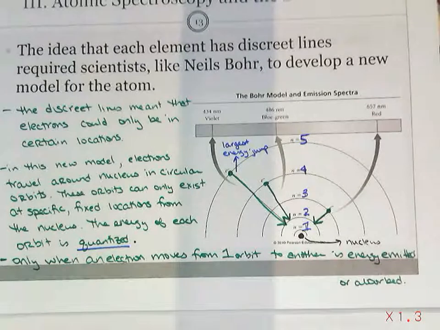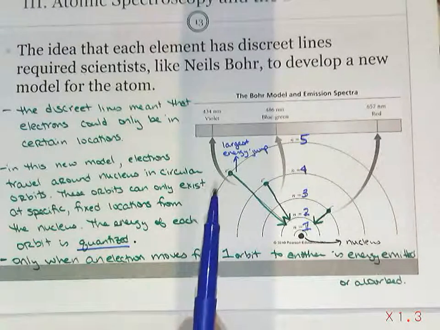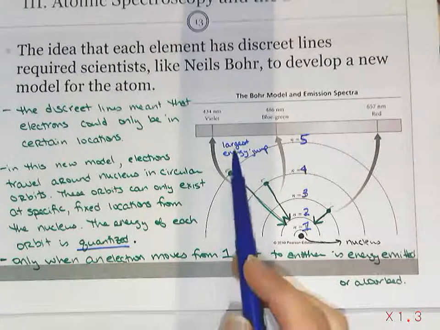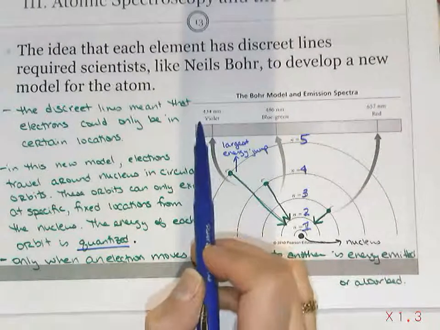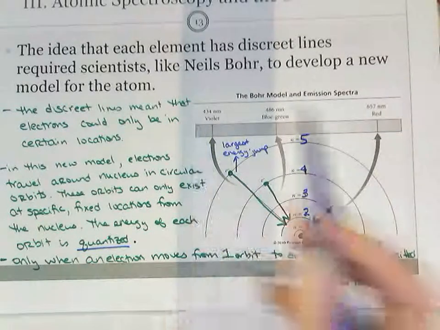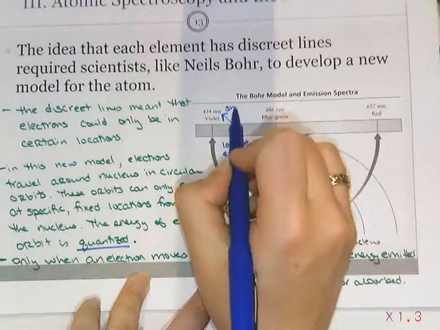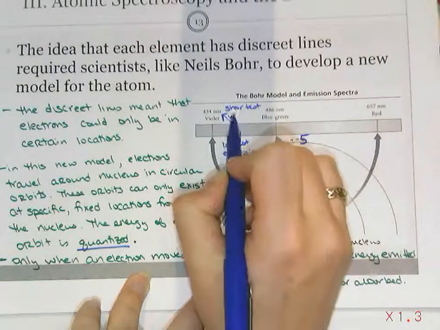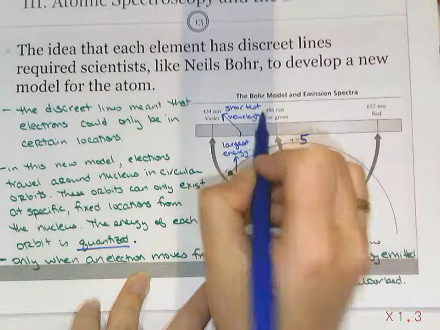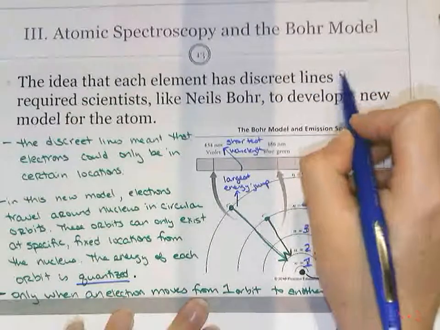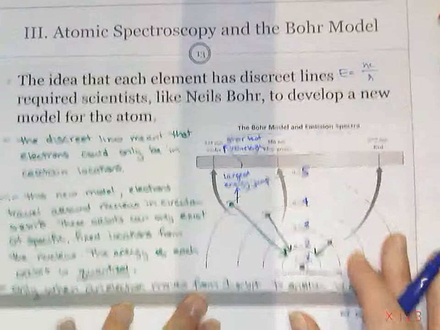If it's the largest energy jump, using the math that we learned on Tuesday, energy is related to wavelength. If you have high energy, you have low wavelengths. That's what this picture is also showing. Largest energy jump, shortest wavelength. The energy and wavelength are inversely related.